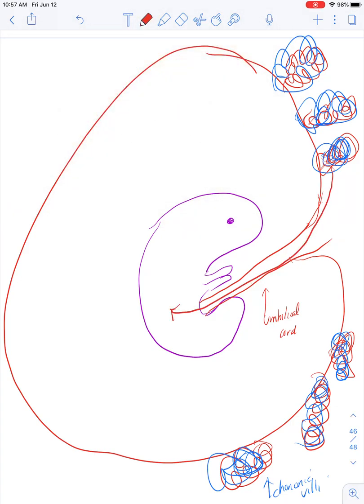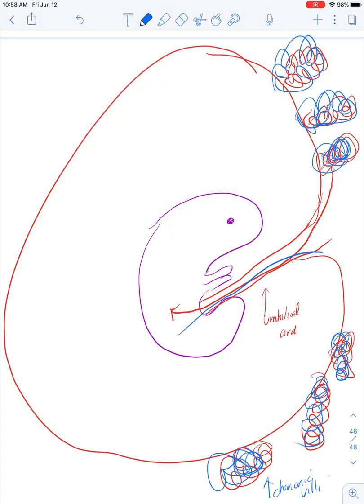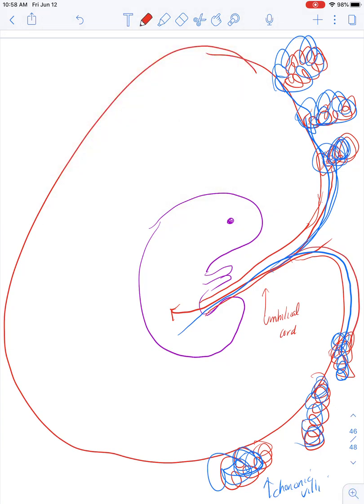Coming in this way and coming out that way. So take a look, you guys. What I'm drawing here is all these blood vessels, okay? Red. Right? What I'm drawing is the chorionic villi.